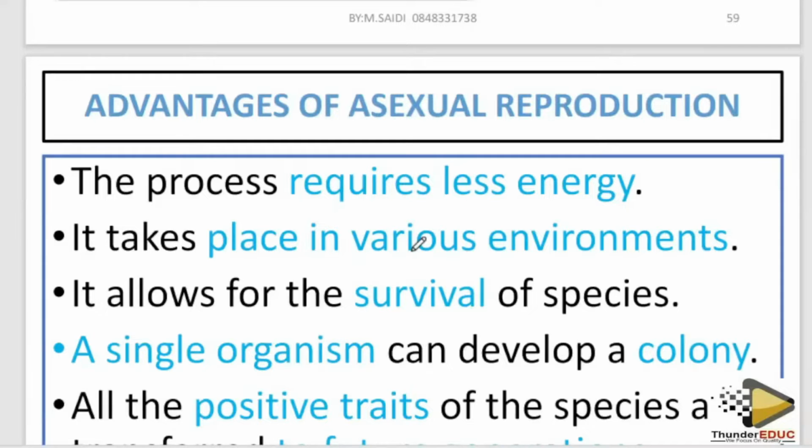Sexual reproduction uses a lot. Why? You have to chase someone, you have to beg someone. If you're a dog, a cow, you see that they have to chase each other for reproduction to take place. So that's why it requires a lot of energy.